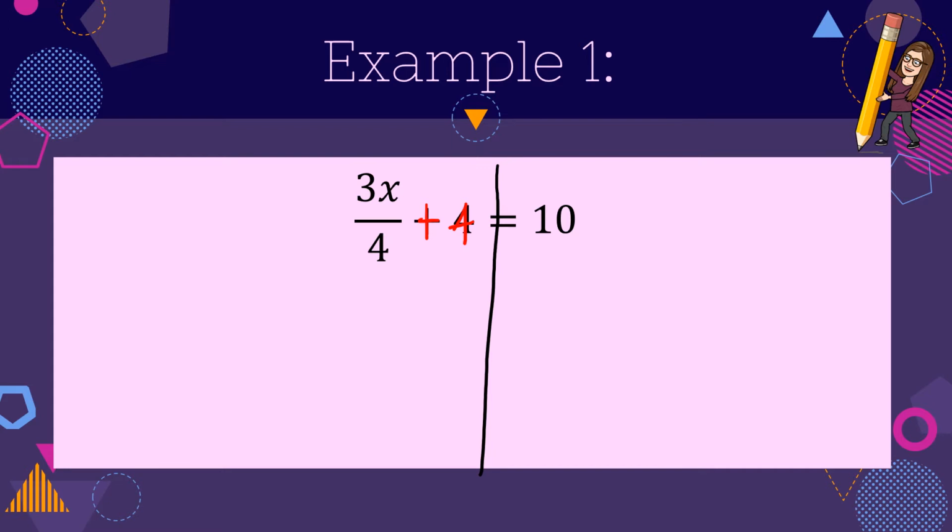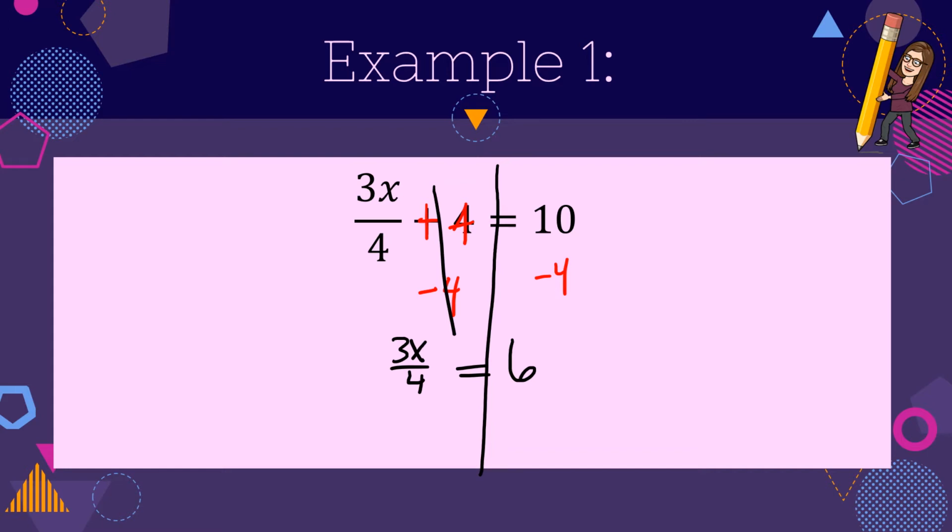I can't deal with the denominator. I can't deal with the 3 because there's stuff in the way. So instead of +4, I'm going to -4 to the other side. The 3x over 4 falls down, and I have a 6 on the right side.